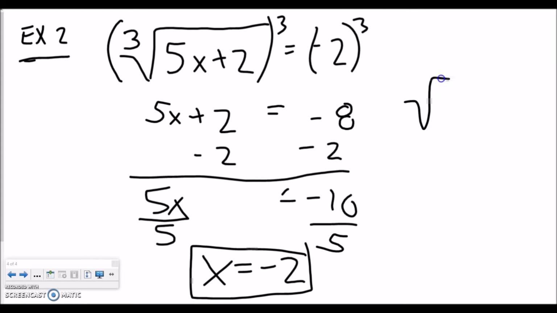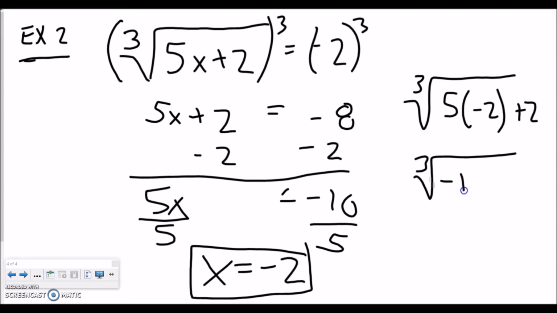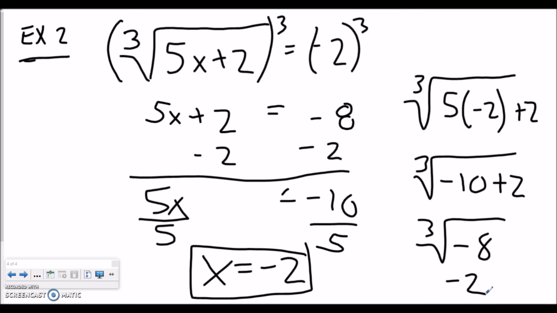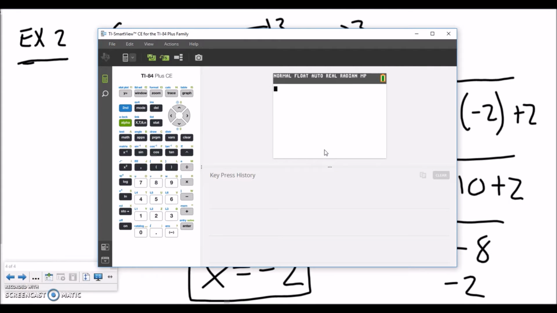Let's check it. So the cubed root of 5 times negative 2 plus 2. That's the cubed root of negative 10 plus 2. That's the cubed root of negative 8. Put that in your calculator, and we get negative 2. And a reminder on how to check a cubed root on our calculator.